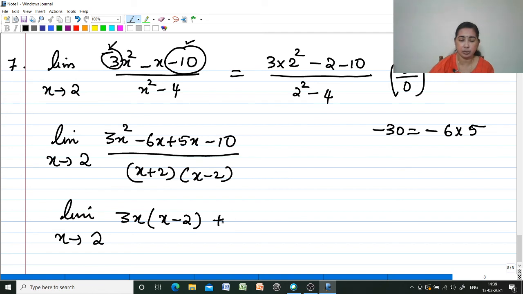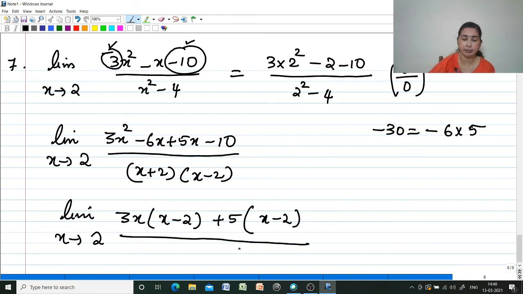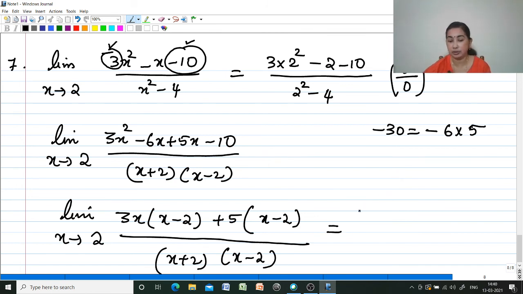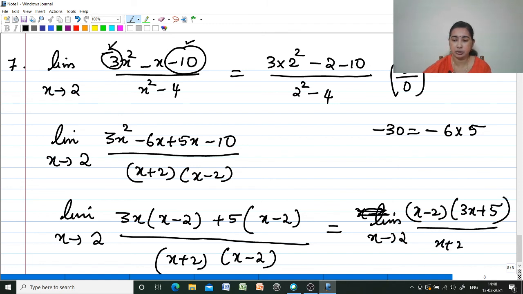Here 5 is common, remaining x minus 2, whole divided by (x + 2) into (x - 2). In the numerator, taking (x - 2) outside, limit x tends to 2, remaining (3x + 5) divided by (x + 2) into (x - 2). Common terms can be cancelled, that is, x minus 2 is common, can be cancelled.